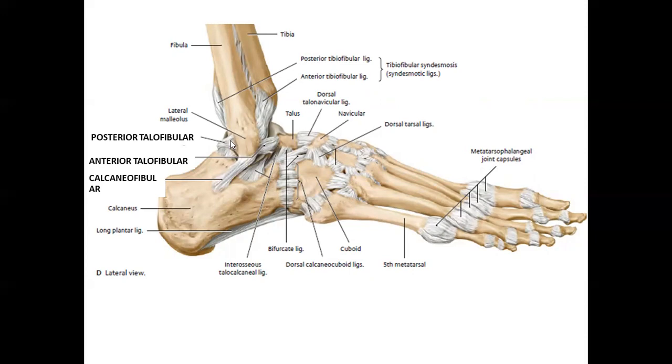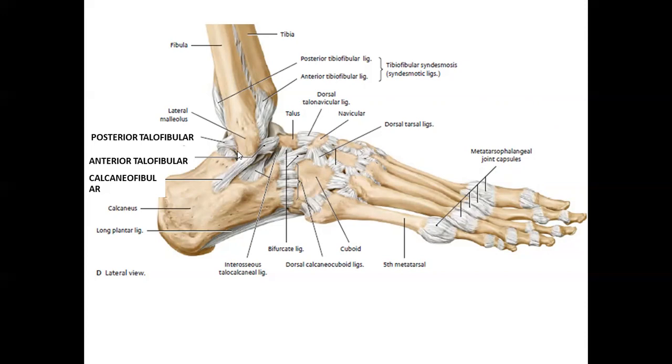Here, this ligament is the posterior talofibular ligament, which extends backwards and medially from the posterior margin of the lateral malleolus. Then we have the calcaneofibular ligament. It runs downwards and backwards from the notch on the lower part of the lateral malleolus.